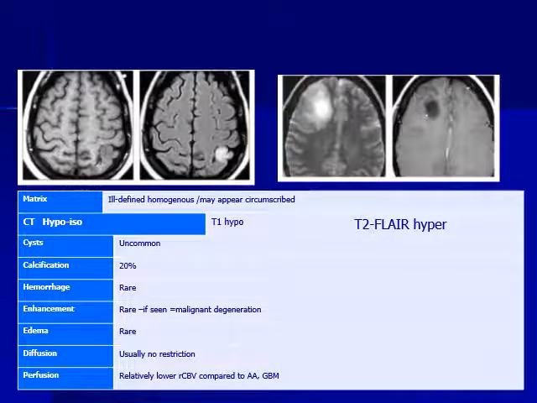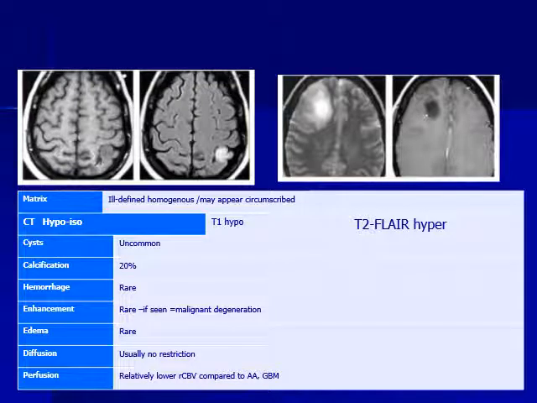Usually we see a lesion like this, ill-defined or well-defined, causing expansion of the gyrus, to differentiate it from infarction. And usually it doesn't take the territory of a certain vessel. It can be seen non-territorial in its distribution.